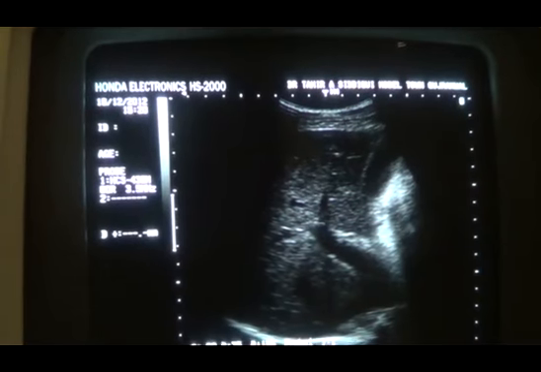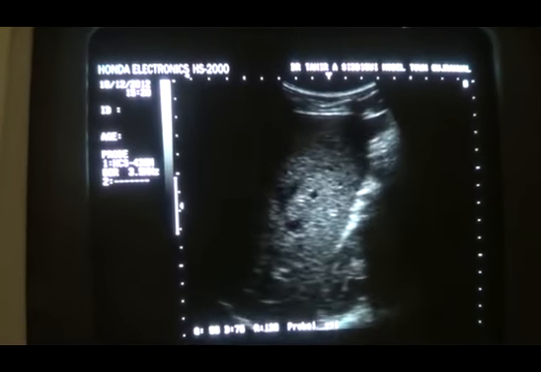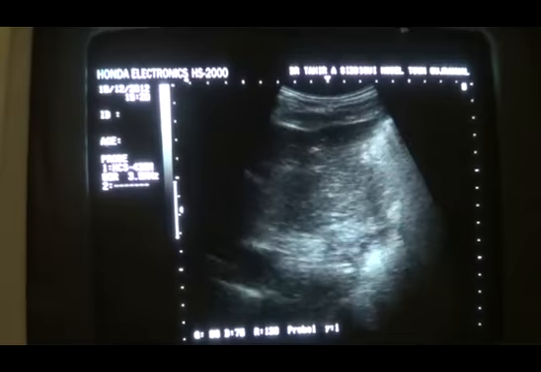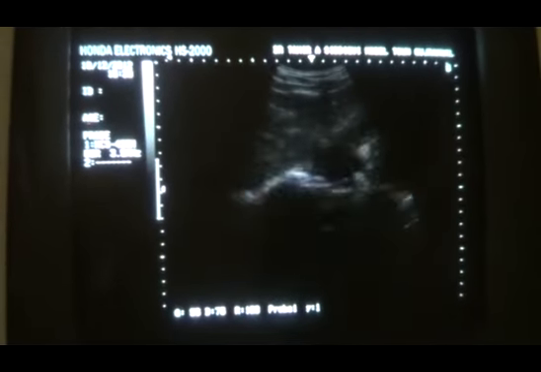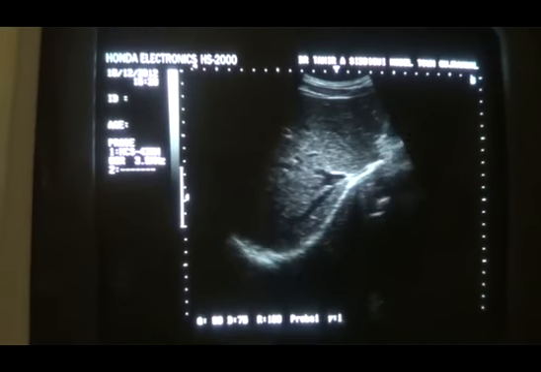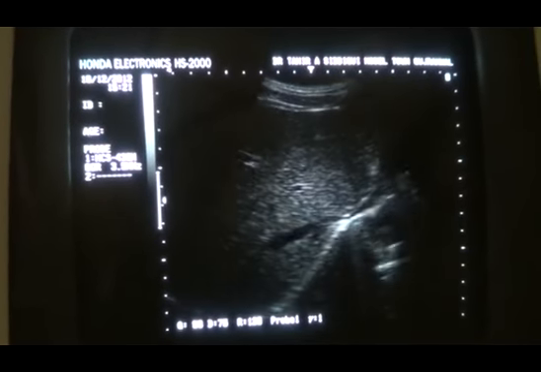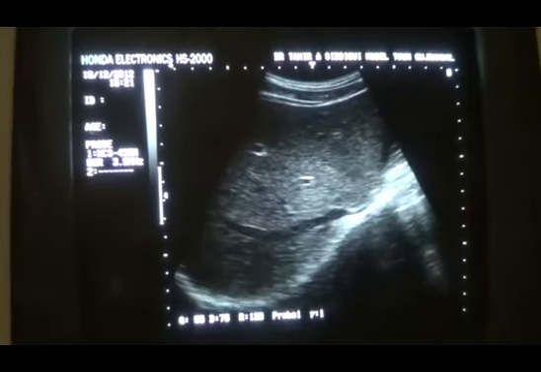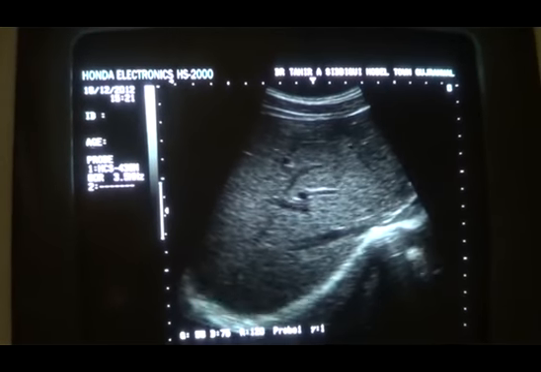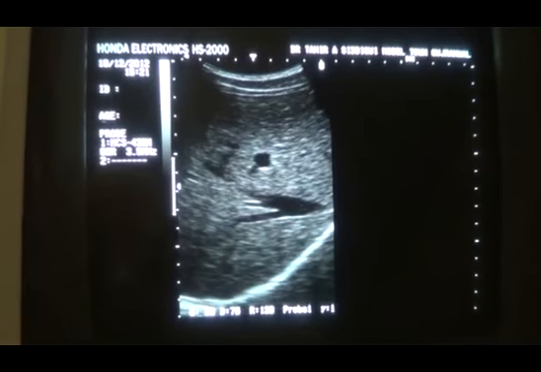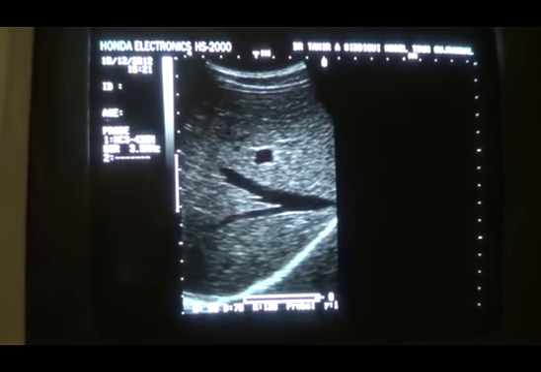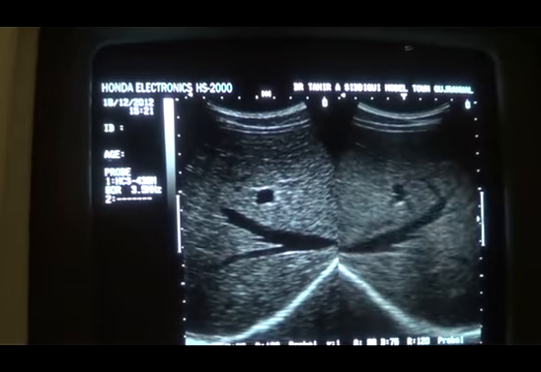This is the portal vein, and see the vessel margins and the sharpness of the vessel margins. This is the hepatic vein from one angle.